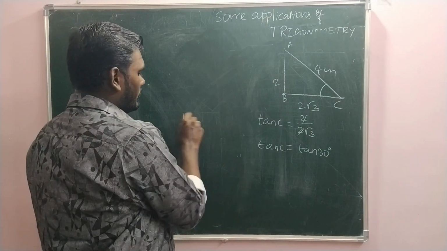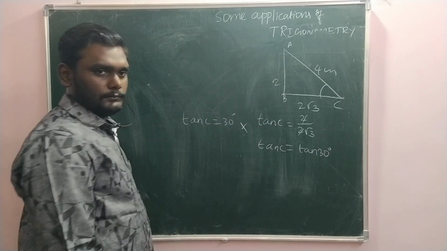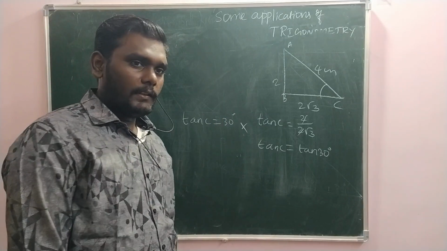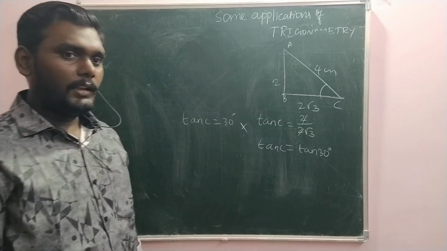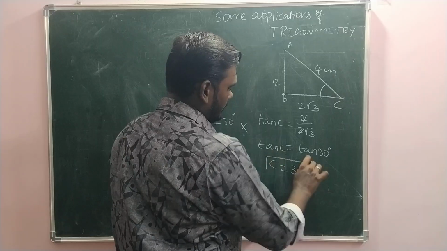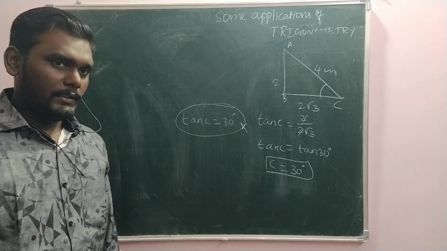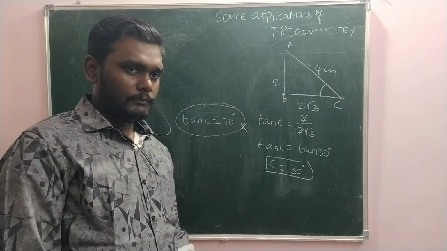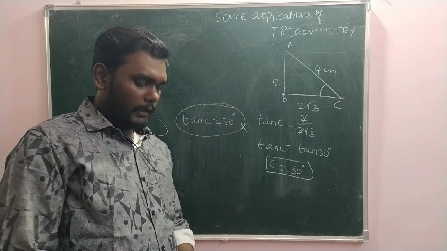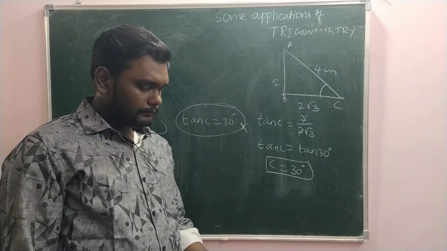Suppose you write tan C is equal to 30 degree, which is wrong. Tan C is equal to tan 30 degree, and C is equal to 30 degree. This is the only correct format. If you write like this, you will lose marks for it. Understood? Don't write like that. You guys are writing like that. So the angle is 30 degree.